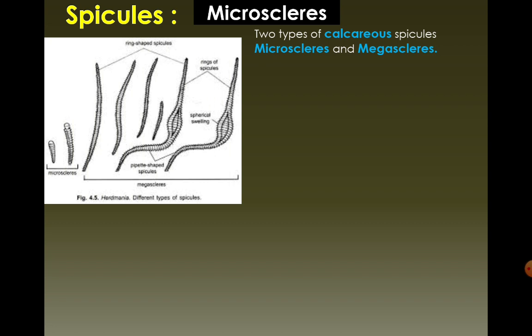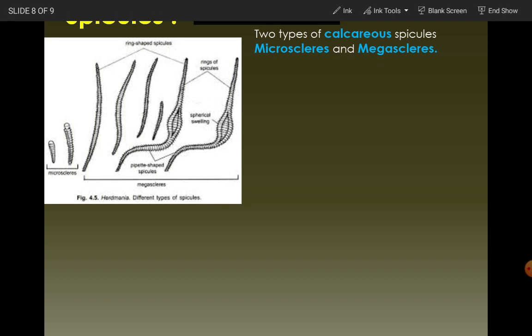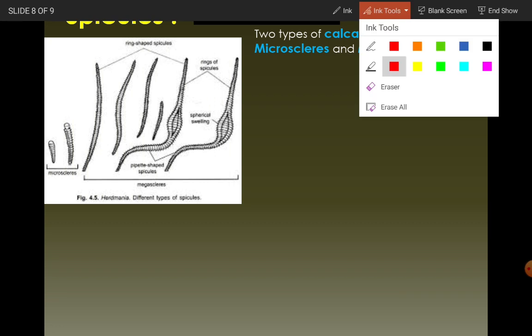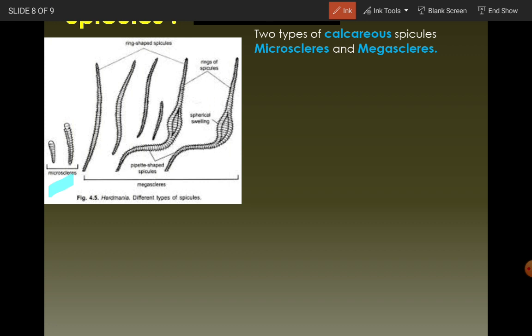Now this picture gives you an idea of how these microscleres and megascleres are present. Just observe these microscleres. Observe, these are microscleres, and from here to here they are megascleres. In these structures also look for the head region, which is terminal knob like, and the tapering end, and this is how the microscleres are present.